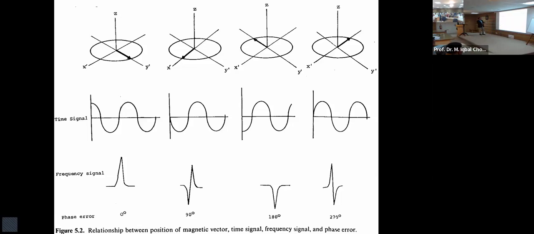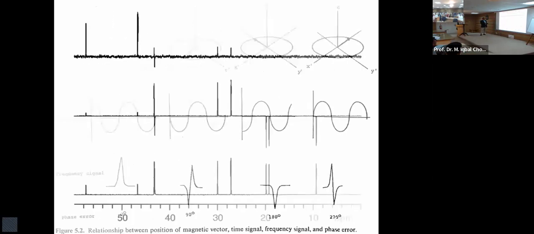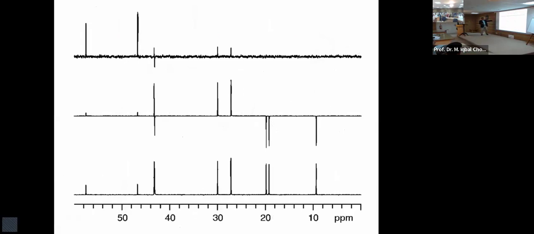This is what I was trying to explain last time. This is the phase difference. So you use the phase difference to eventually create a spectrum like this, in which CH2, CH3 and CH are down and carbon is up.